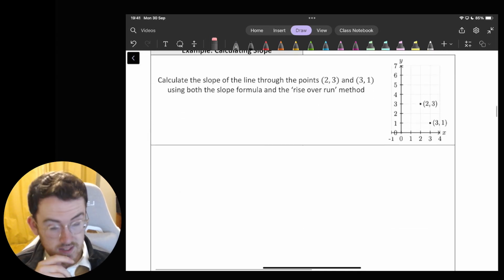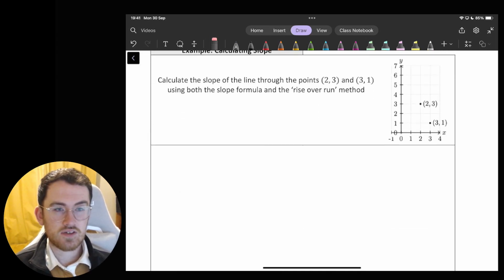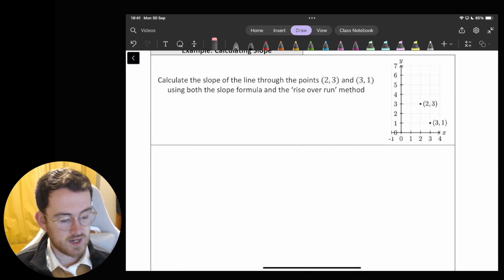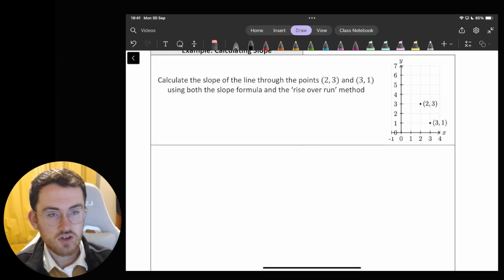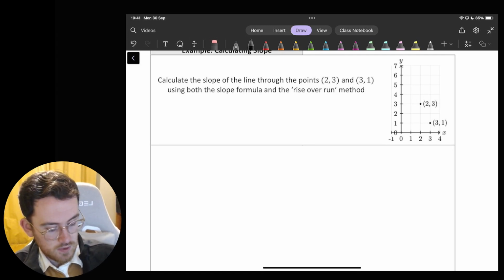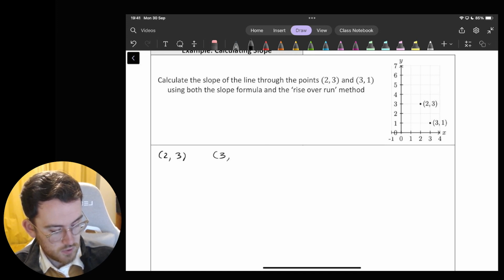So let's calculate the slope of these two given points here. We're using the two methods we have, so our slope formula and our rise over run method. Let's try and use our slope formula first of all. So I'll pick out my 2 points, which are 2, 3, and 3, 1. I'm going to label them as we did before, x1, y1, and x2, y2.